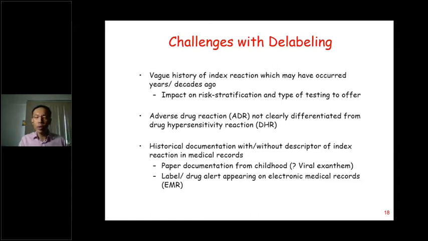So I think with the ongoing digital transformation and the improvements in electronic medical records, nowadays there are ways to ensure that when records are updated or a drug alert is removed, there is a way of tracking back to who did the removal and the reasons why the removal was done.